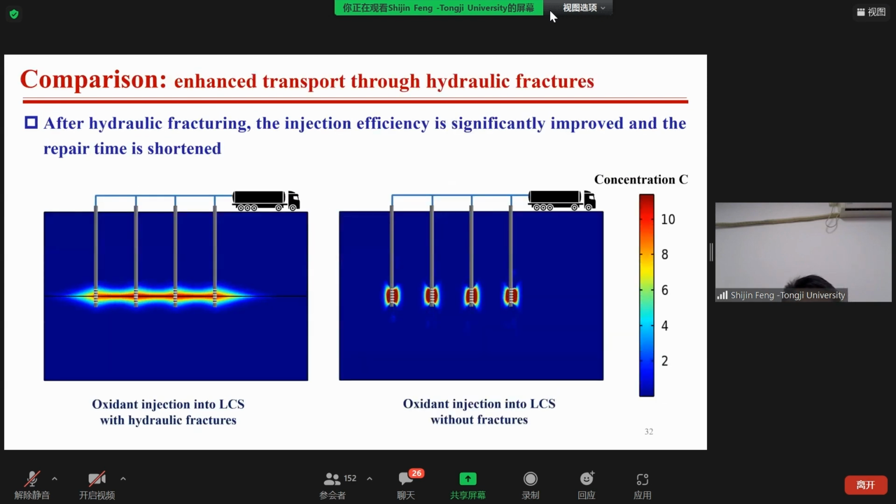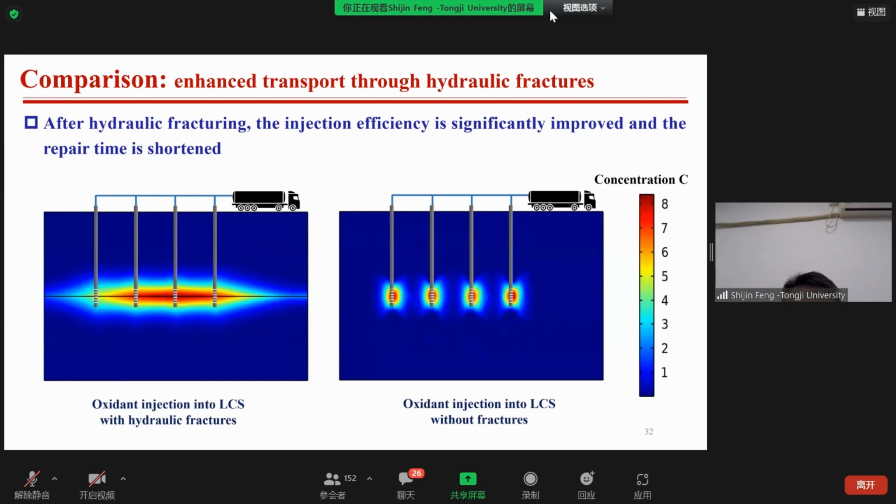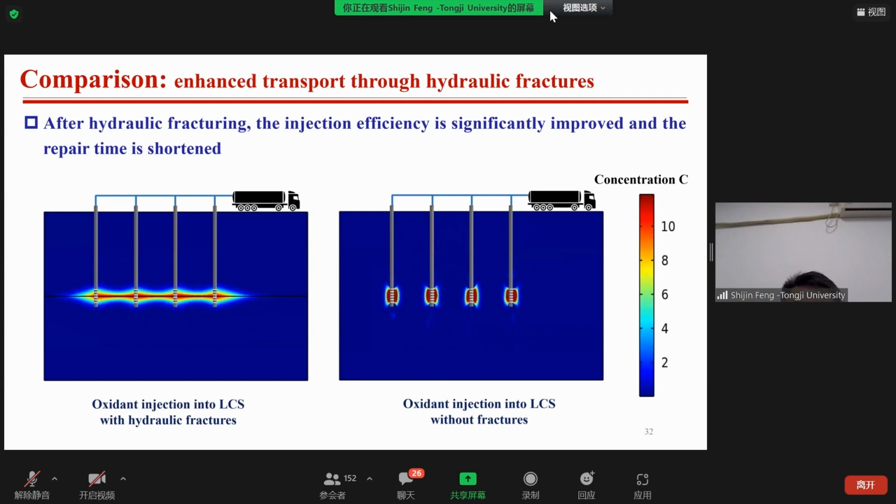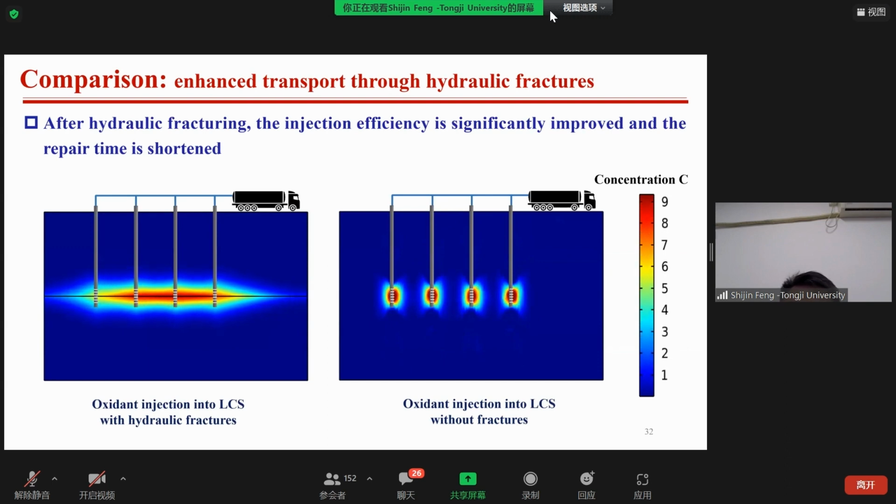The left part is oxidant injection into LCS with hydraulic fractures, and the right part is that without fractures. We can see that after hydraulic fracturing, the injection efficiency is significantly improved and the remediation time is shortened.